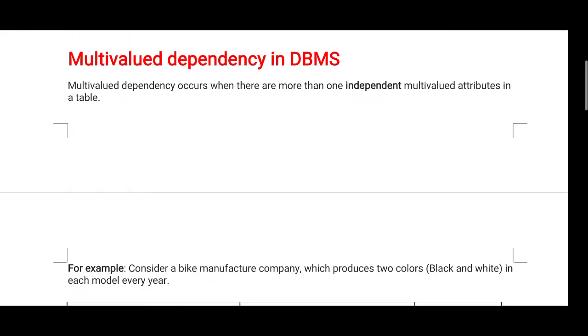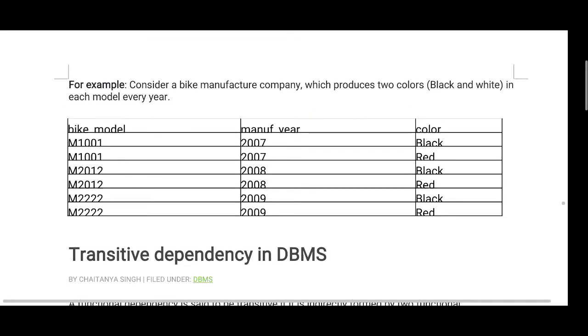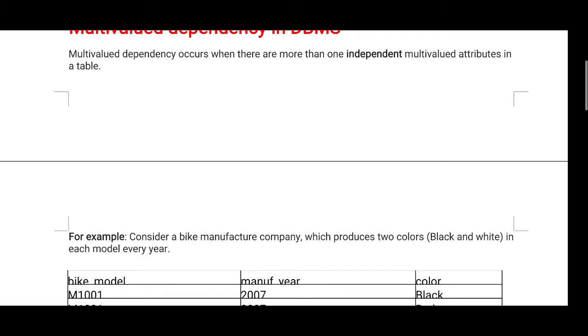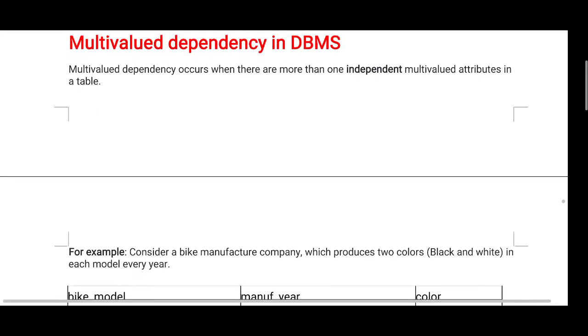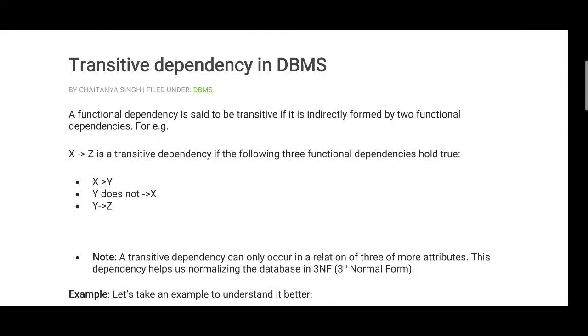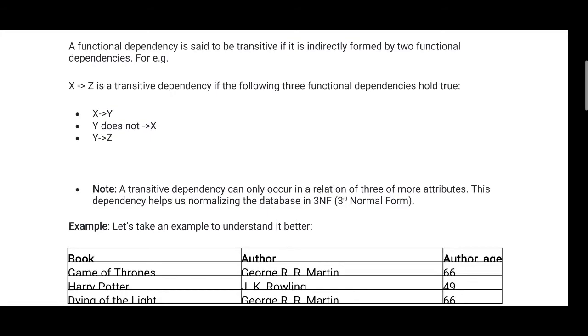Here in multivalued dependency, one attribute depends on multiple values. Here transitive dependency, suppose X tends to Y, Y does not tend to X, but Y tends to Z. It is the transitive dependency.